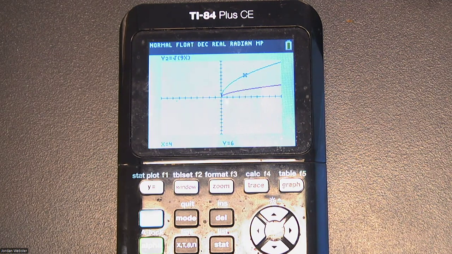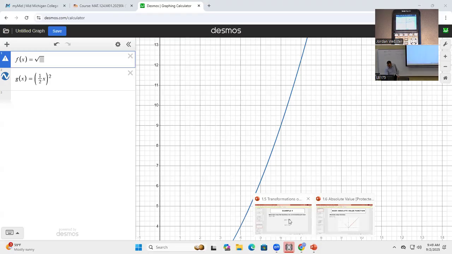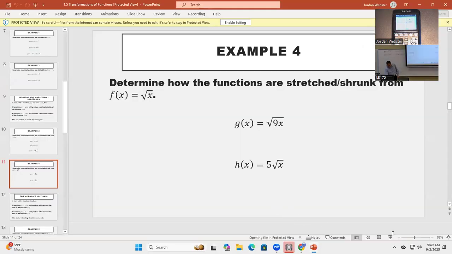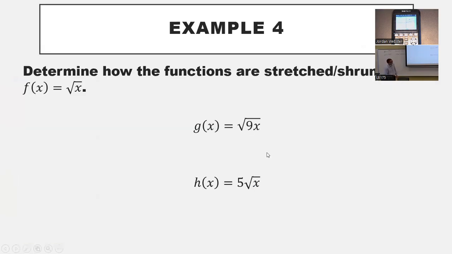And sometimes that happens. Sometimes you can view the same graph in two different ways. Now, if I give you a problem like this, I don't expect you to see that that's a vertical stretch by a factor of 3.